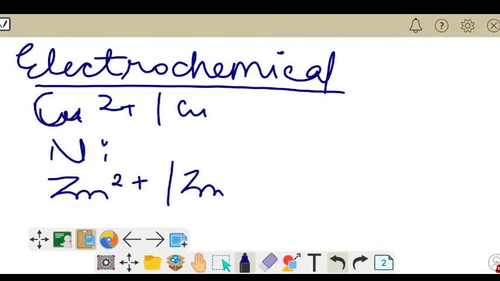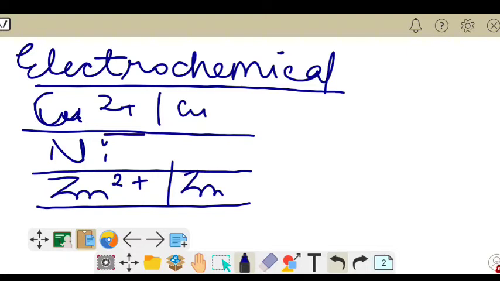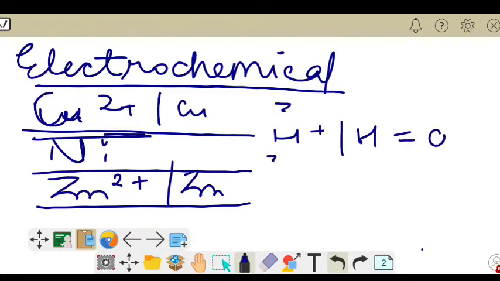Is it clear now? So this copper, nickel, zinc, and in between copper and nickel, you will get hydrogen. You know that the electrode potential for hydrogen was 0, but this will have some value.